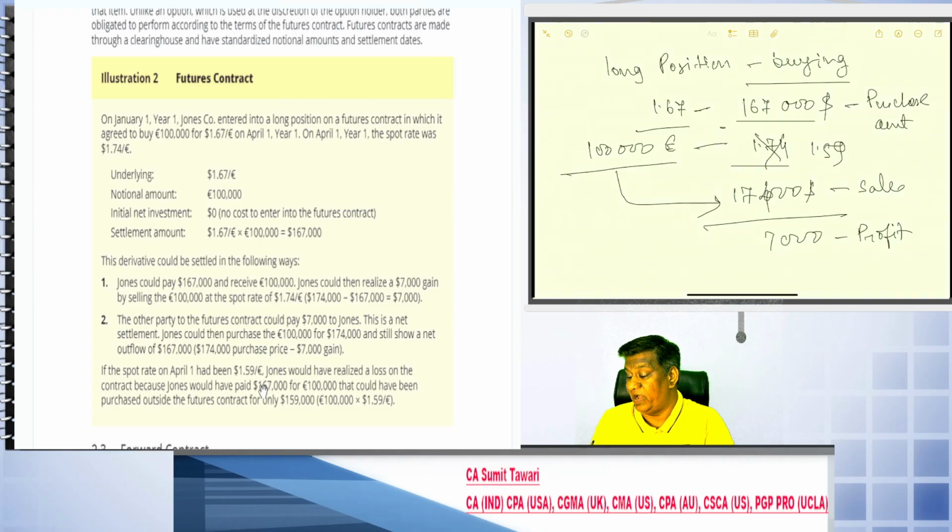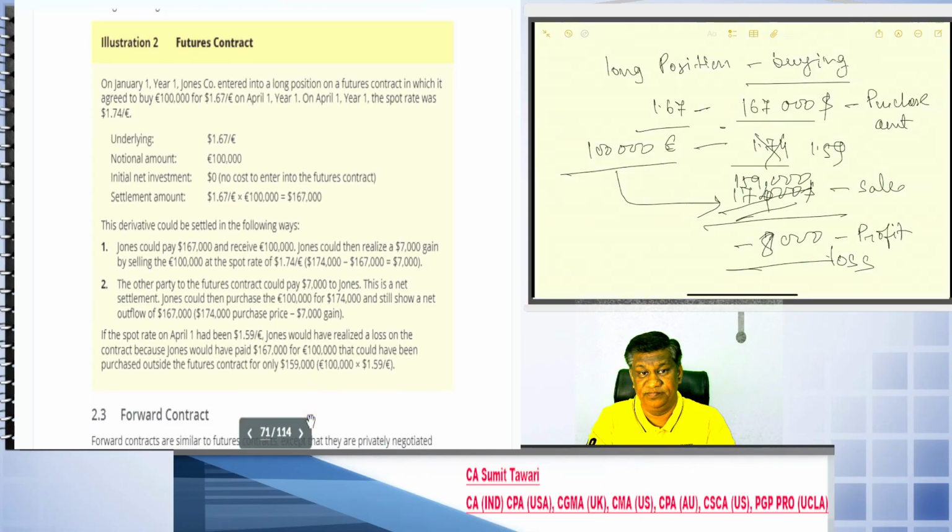He needs to buy at 167,000, but he is able to realize only 159,000, which is the sell value. So this will give a loss of 8,000. That is basically the loss for him.